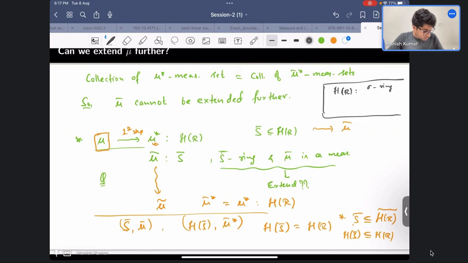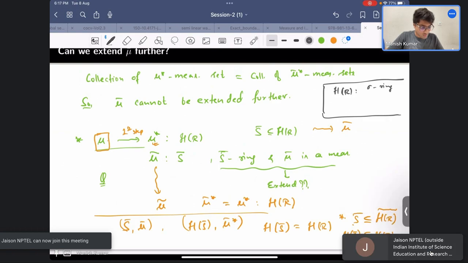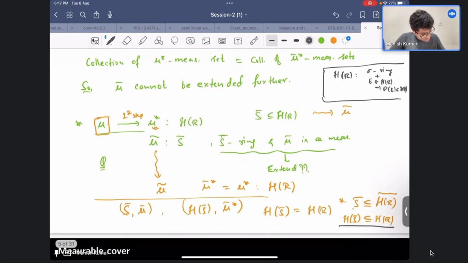And H of R is hereditary, which means it is a sigma ring, plus if E belongs to H of R, then all the subsets of E, the power set of E, should belong to H of R. So this is the definition of hereditary sigma ring. Now we have proved that H of S bar is contained in H of R.